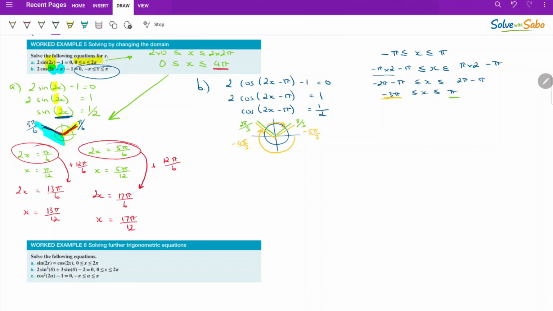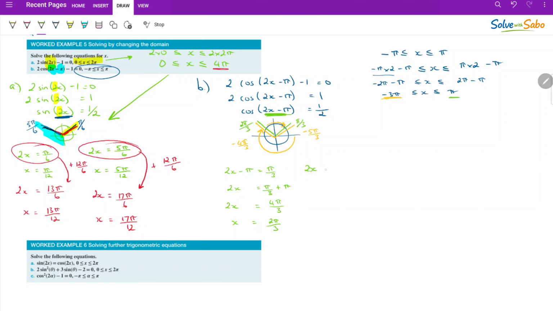So we've got 4 answers, and we're going to do the green ones first. We know that 2x take pi, our whole angle, is equal to these things. 2x take pi equals pi on 3. 2x is equal to pi on 3 plus pi. Now, common denominators here. A full pi plus pi on 3 is 4 pi on 3. And now we're going to divide by 2, which is going to give us 2 pi on 3.